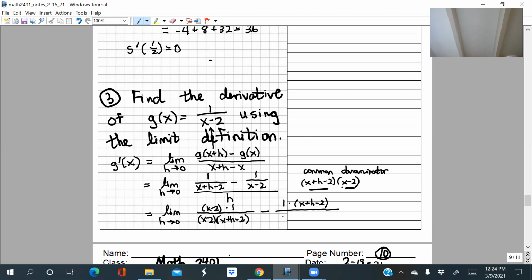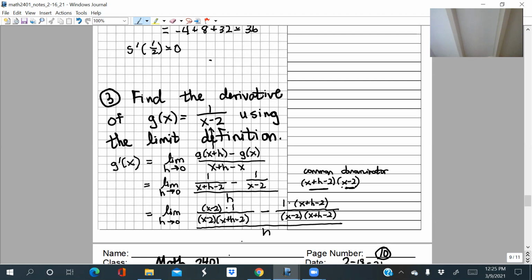And then also multiply into the bottom. So I'm going to multiply the x plus h minus 2 into the bottom there. So I just multiply top and bottom by the same thing. Doesn't change the fraction, just makes it look different. And don't forget, this h is still here. Wow, okay?